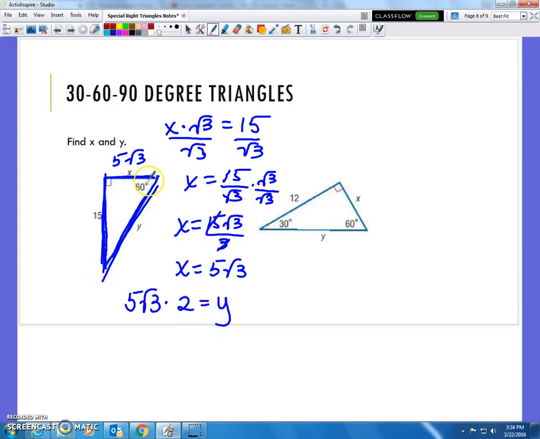In this case, y is the hypotenuse. So 10 root 3 must equal y. And if you look at this relationship here, 5 root 3 times 2 is 10 root 3. 5 root 3 times root 3 equals 15. So I know that this 30, 60, 90-degree triangle follows all the rules that we just put in place.